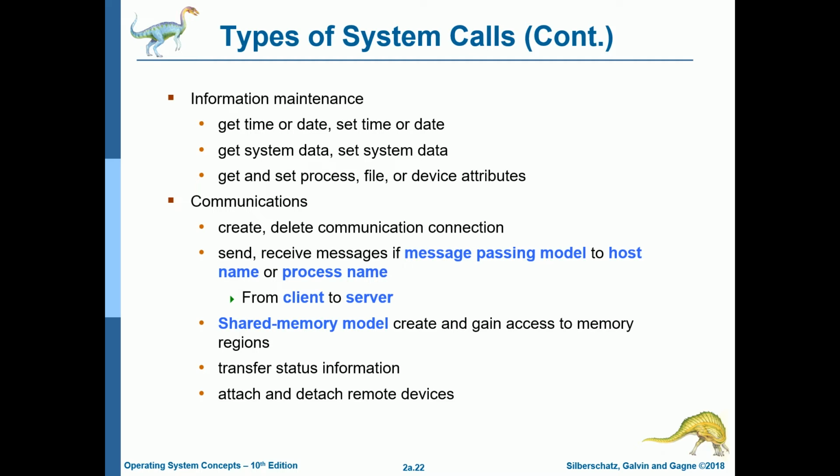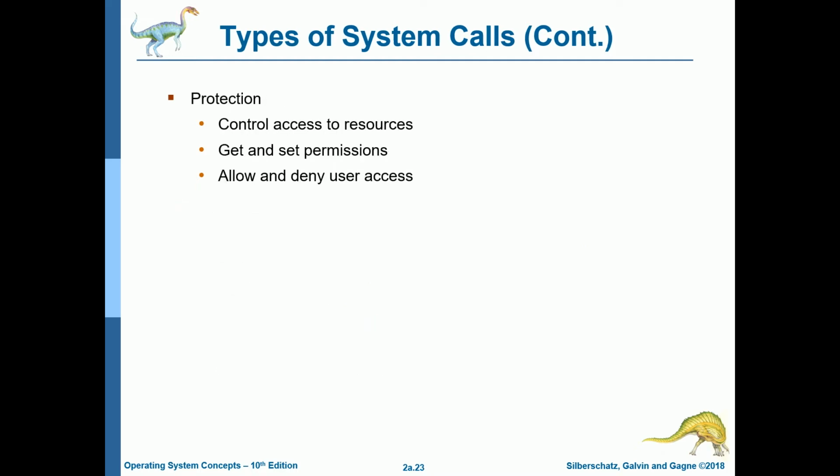Now, if you have a shared memory model, this is to create and gain access to the memory regions. Also, we need to know the transfer status information of this communication and also attach and detach remote devices that are communicating. And finally, protection. This controls the access to those resources, getting and setting the permissions to be able to access those resources, and also allowing and denying user access.